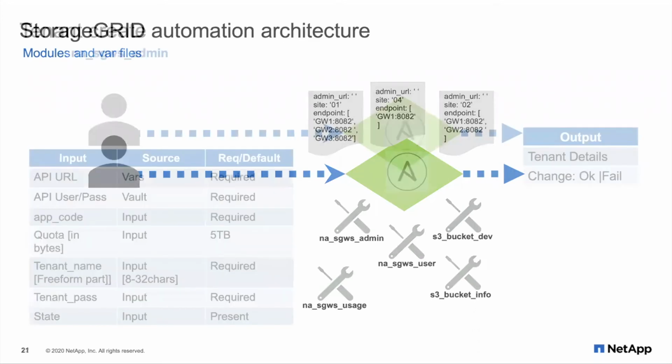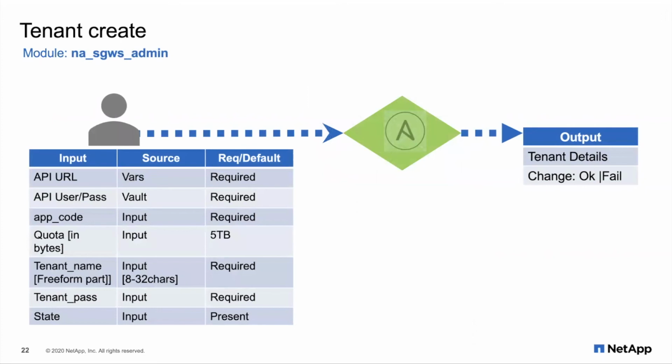Okay, first comes the tenant create module, with a set of inputs that are required, and some that are optional. As I mentioned, for the desired state, you can set the state to present or absent. Once that is provided to the module, it will give you the output back with the change set to OK or failure.